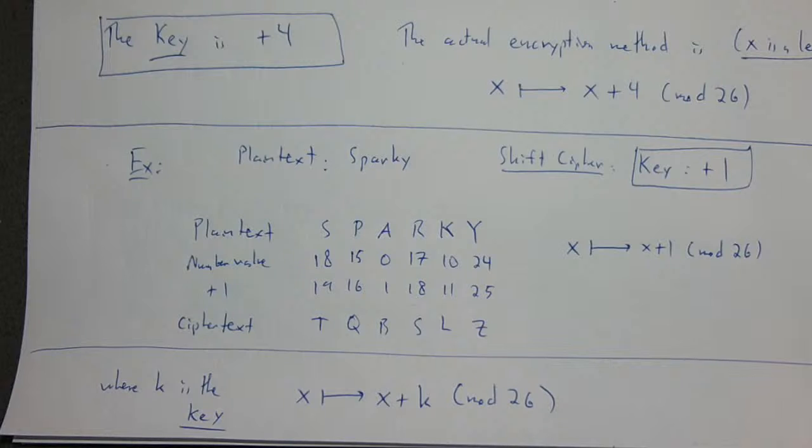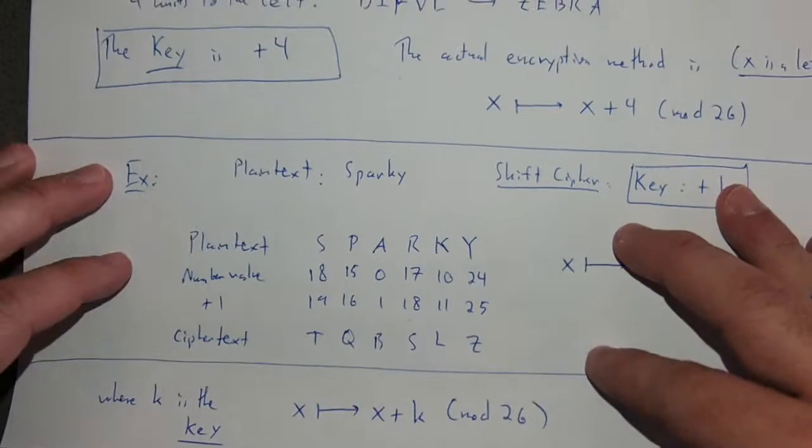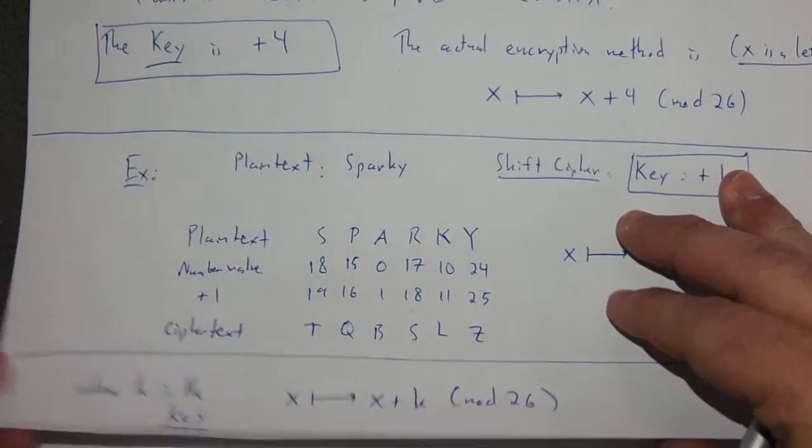Right. So A gets shifted to Z, B gets shifted to A, C gets shifted to B, and so on. Of course, that's true because -1 is congruent to 25 mod 26. Okay. So that's how that goes.